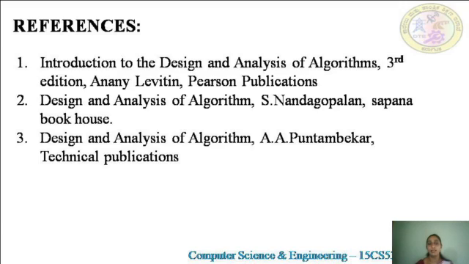And these are the references which we used to make the study materials and the PPTs. First of all we used the textbook, Introduction to the Design and Analysis of Algorithms, written by Anany Levitin.